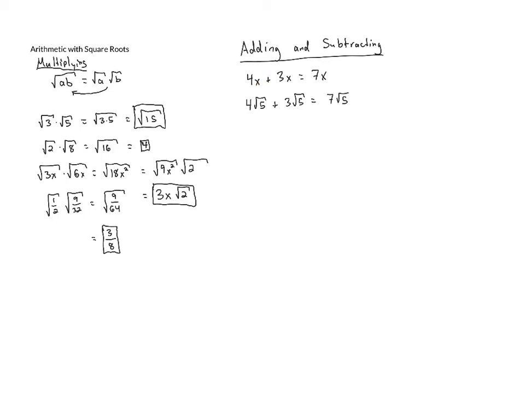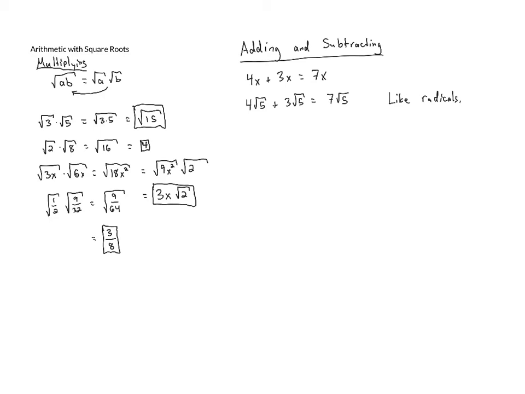Just like the variables stayed the same in the beginning, the radicals are going to stay the same here. So if we have 4 root 5s and 3 root 5s, we end up with 7 root 5s in the end. We can combine these because they are like radicals.